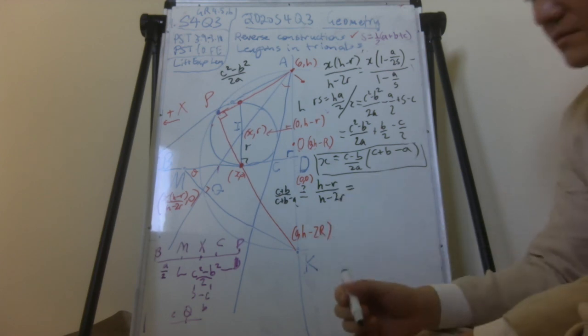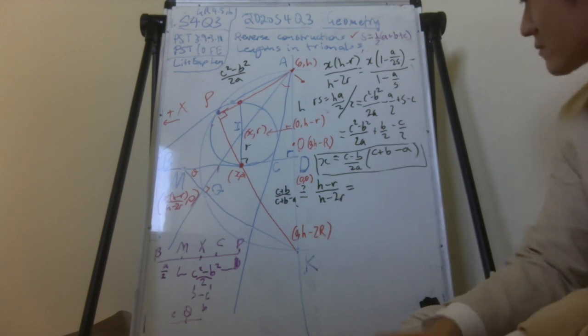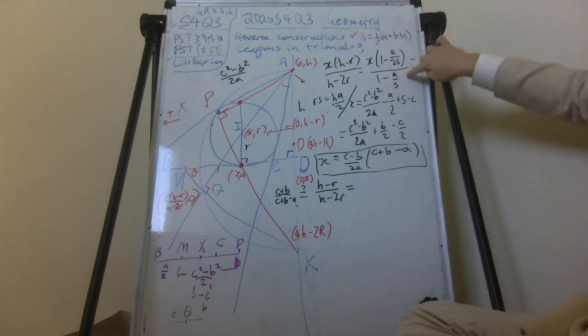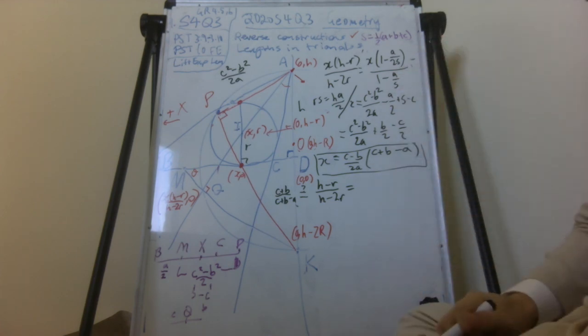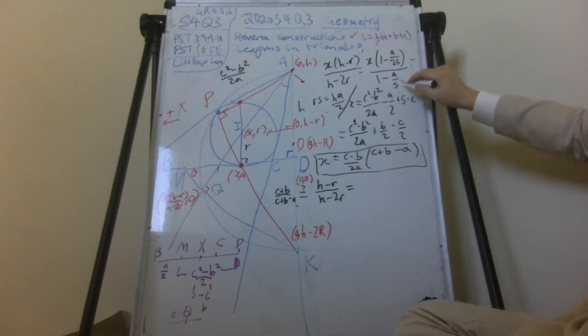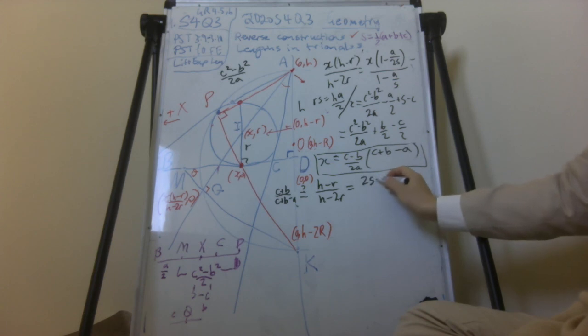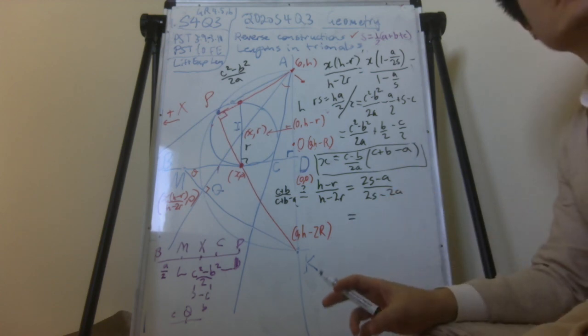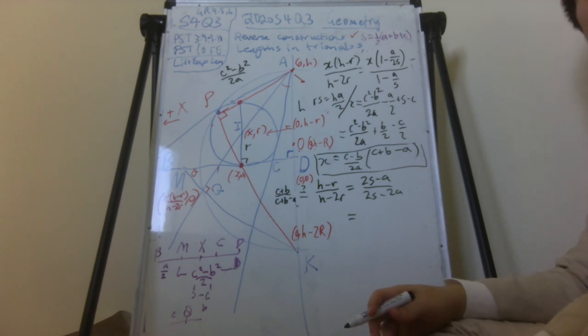Okay, so we have this, and this is times by s. We can have 2s minus a on 2s minus 2a. So you can feel like it's going to get there.